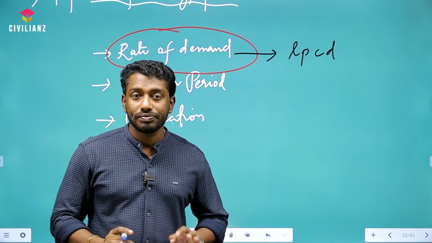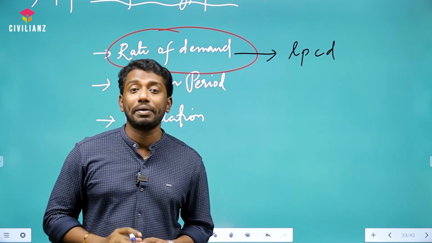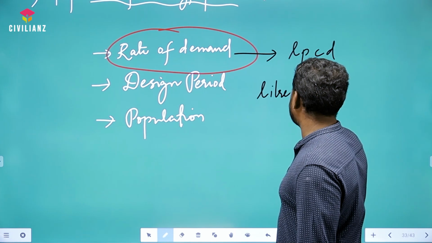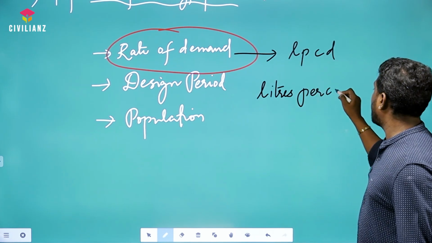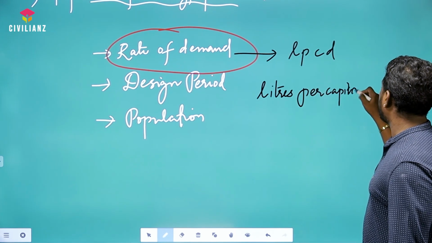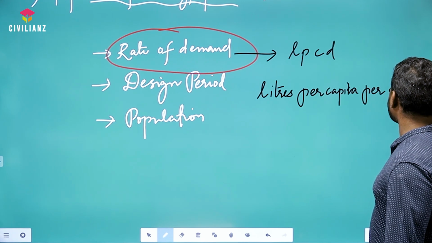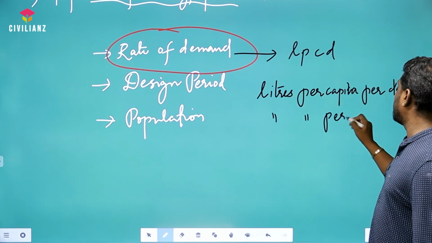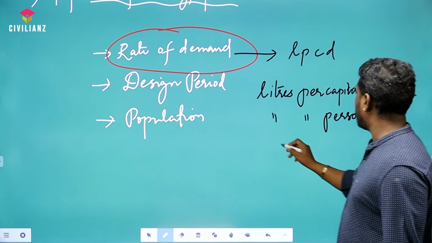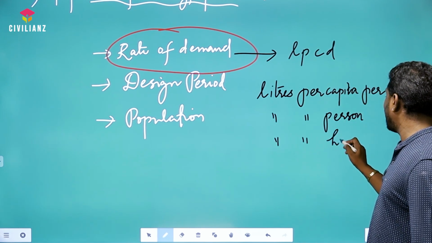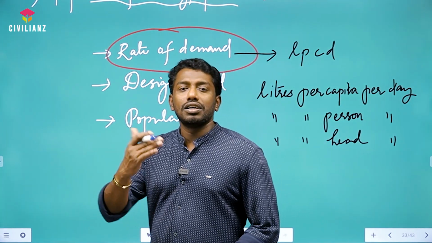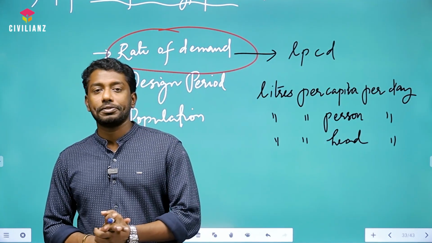Not only that, liters per head per day, liters per person per day, liters per capita per day. All are the units of rate of demand.